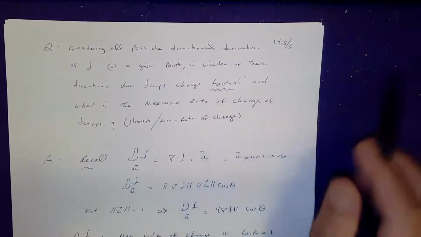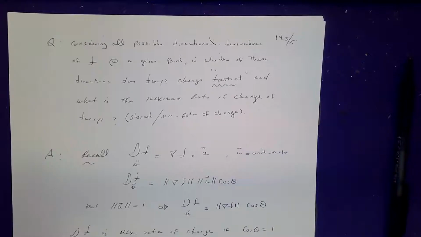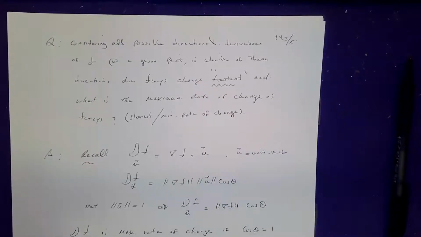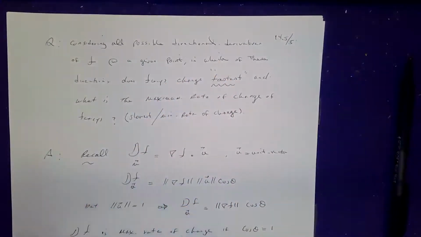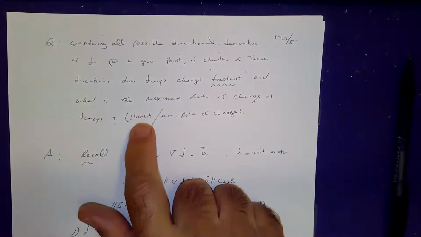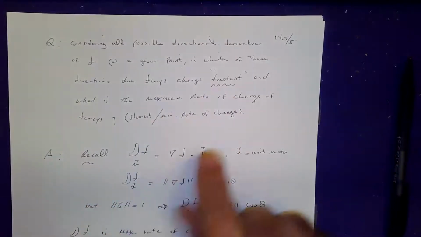So in other words, directional derivative represents what? Rate of change of the surface at a given point in a given direction. Of all those directions, in which direction does the rate of change change fastest or slowest? And if so, what would be the maximum rate of change or minimum rate of change?